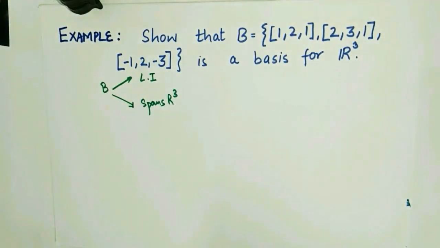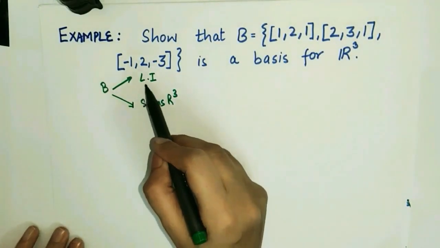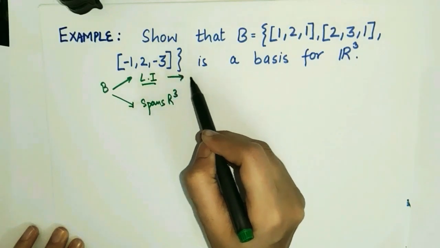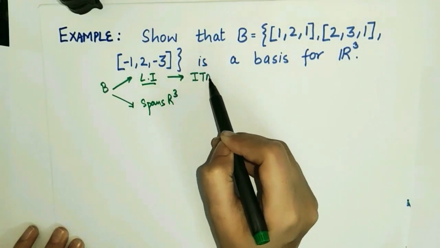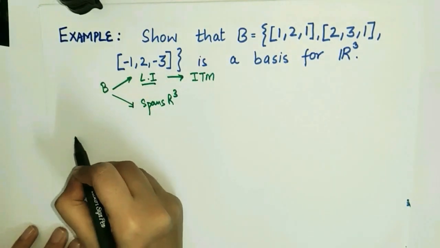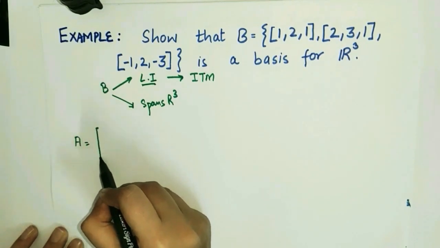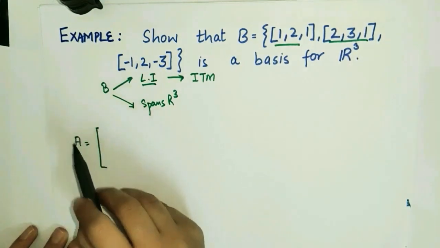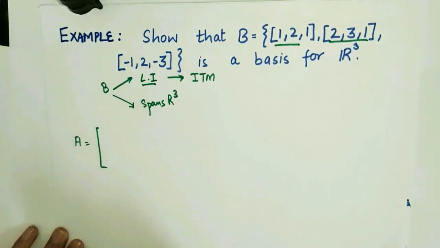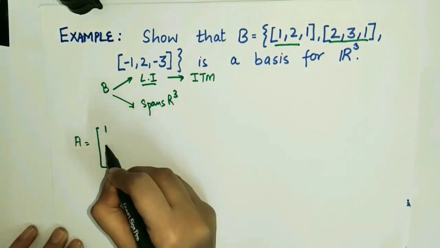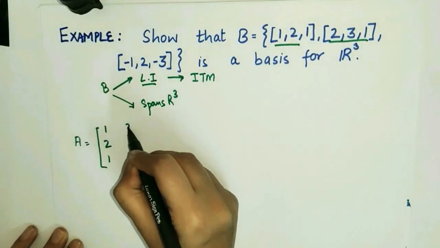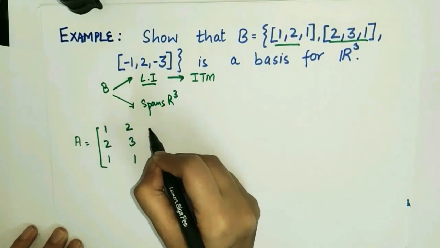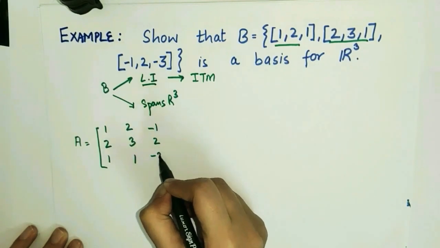To find out whether B is linearly independent, we apply ITM. For ITM, we construct a matrix A whose columns are these vectors. So my matrix A is 1, 2, 1, 2, 3, 1, -1, 2, -3.